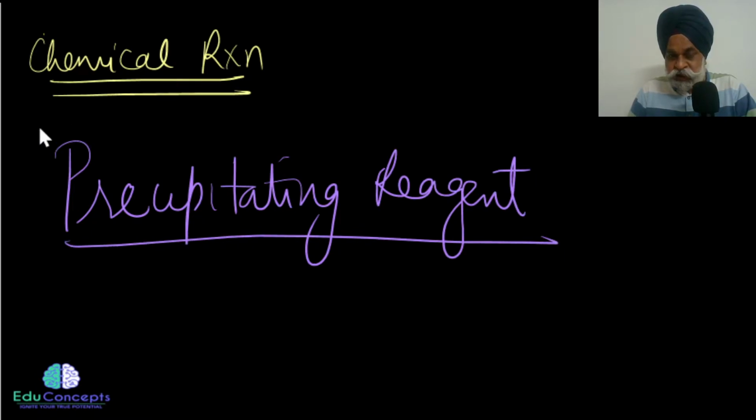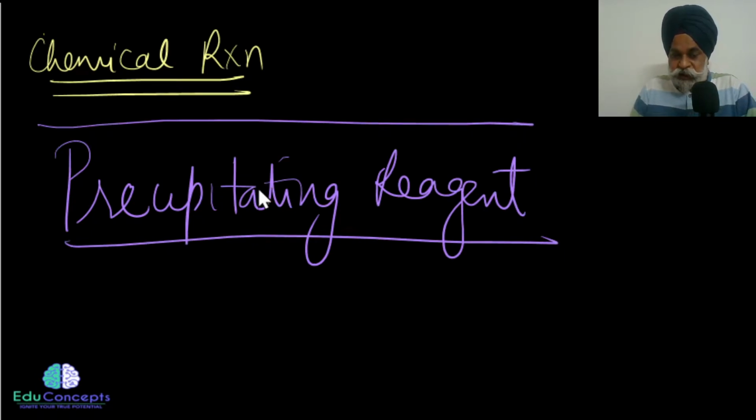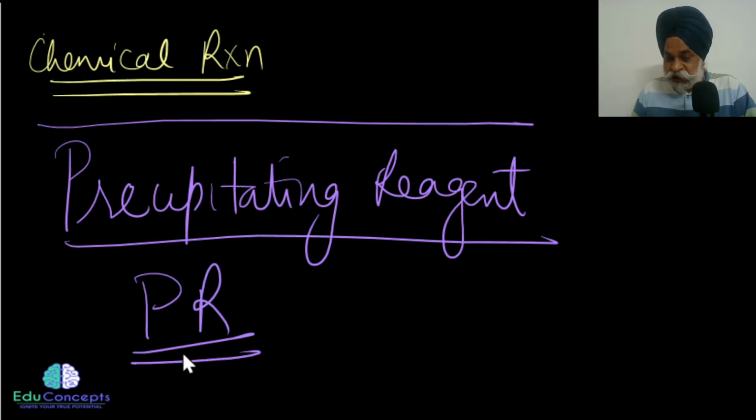If you see my videos on salt analysis, particularly for the identification of anions or acid radicals, we have discussed in much detail that when you have to identify anions, this acts as a very good precipitating reagent. So from that point of view, it is quite important.